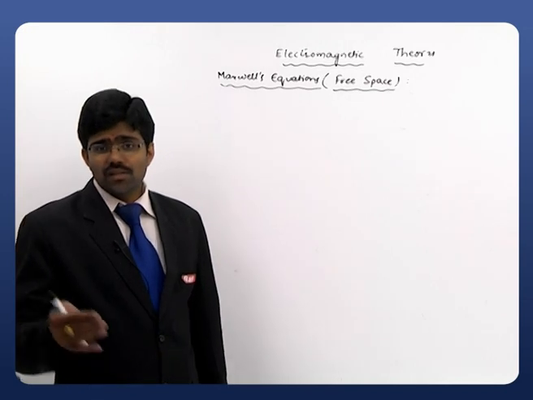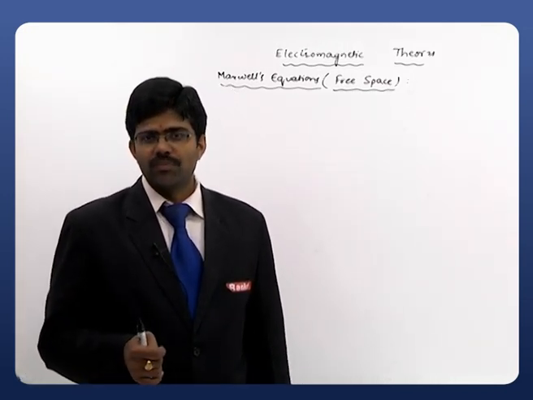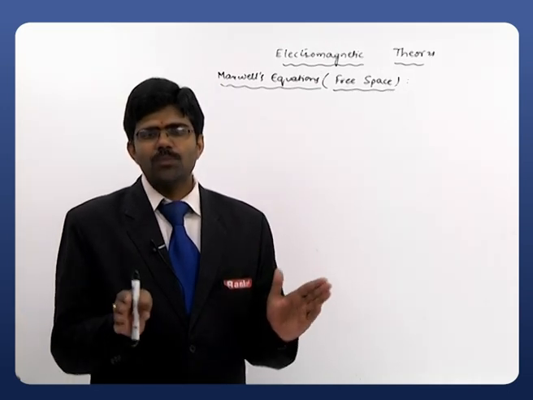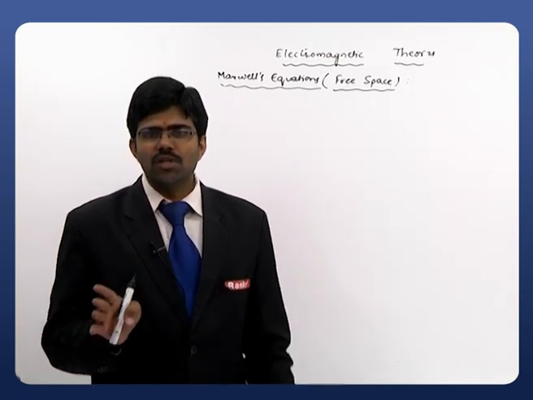So before that, let us discuss what free space is and what the conditions for free space are. Clearly remember that free space has no charges, so the charge density in free space is equal to 0.